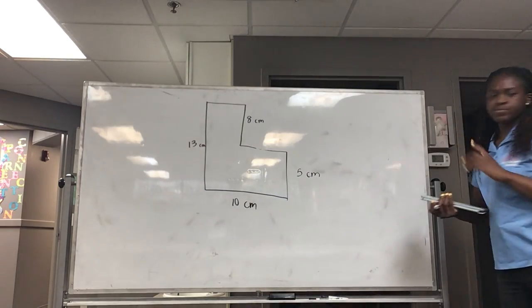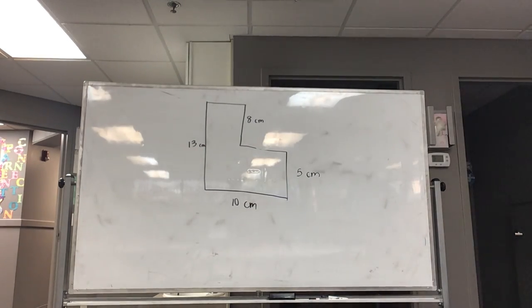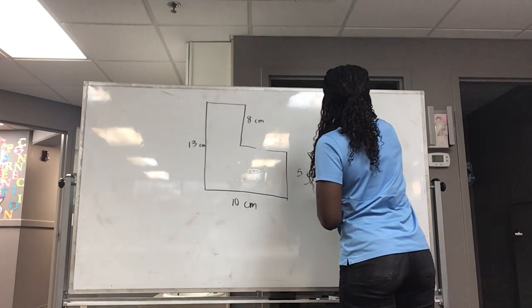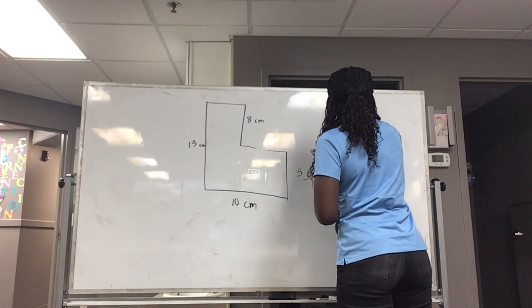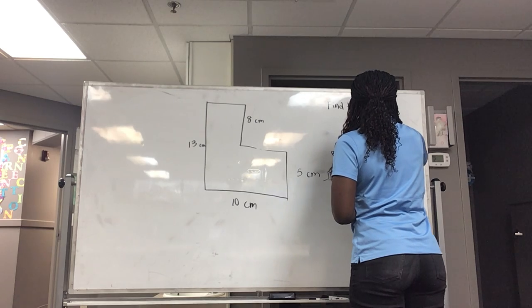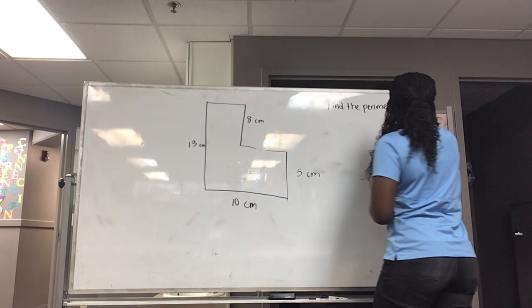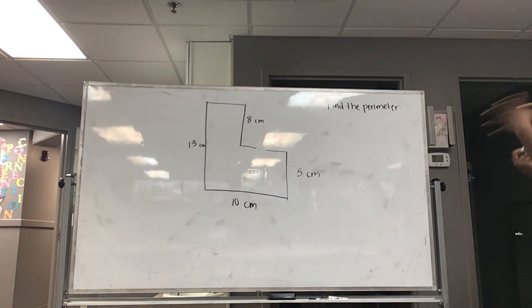Okay. So with the shape and the side lengths I've given you, you need to find the perimeter.